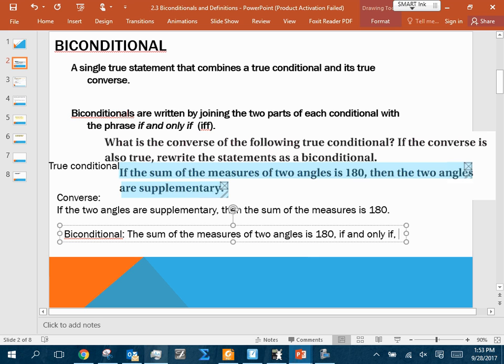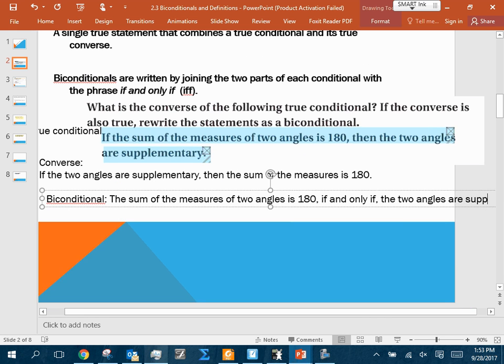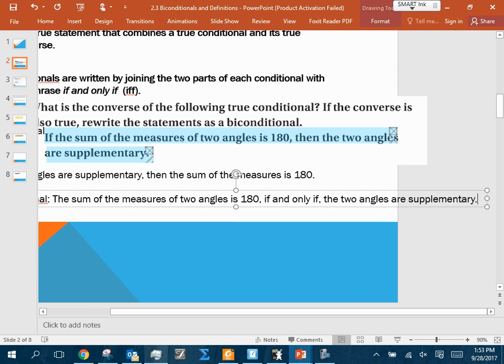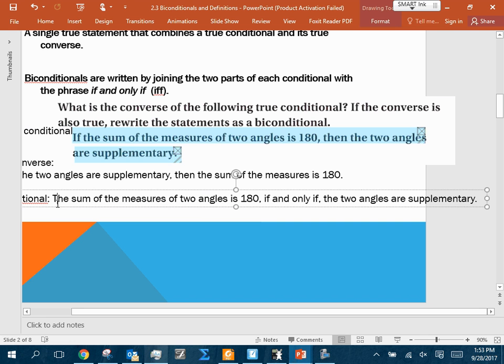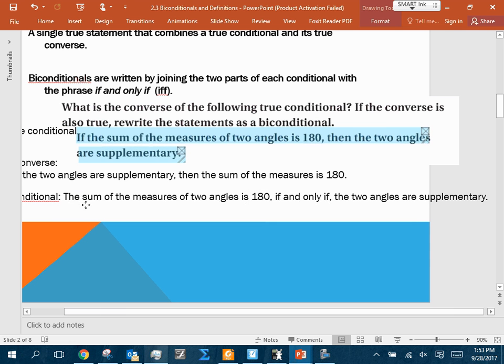Is that doable for everybody? And then I finish the conditional statement. The two angles are supplementary. Okay? So that is my biconditional. Can I get all that in there?